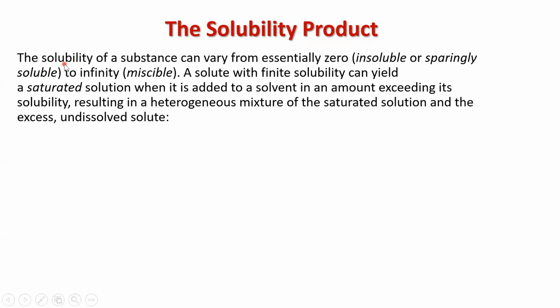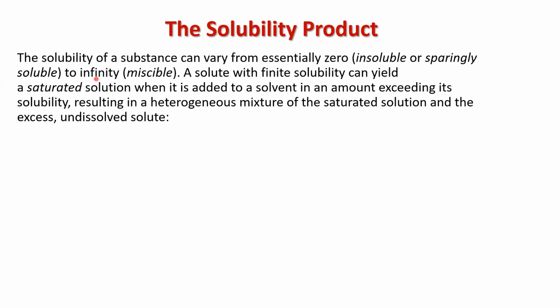When we look at solubility, the solubility of a substance can be essentially zero, if we say that a substance is insoluble or only slightly soluble, to infinite. A lot of it dissolves.